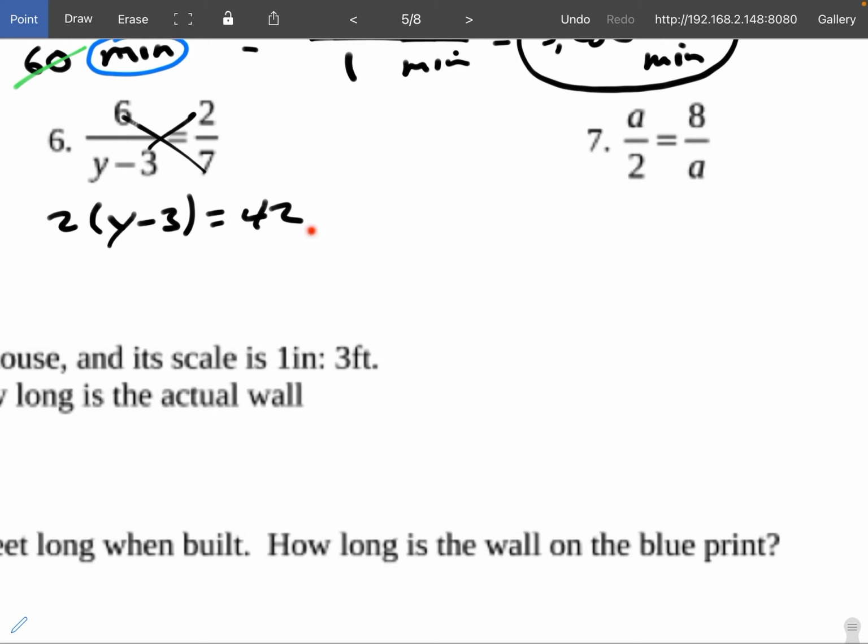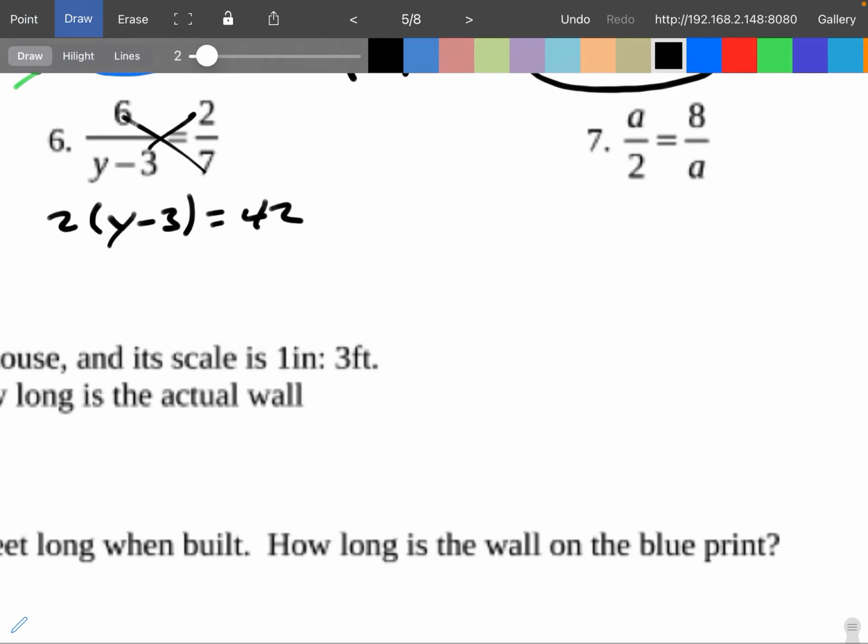Yep, that's 42. Now in this one, you could divide both sides by 2 to cancel that 2, because 42 is divisible by 2, right? But if that was not an even number, you would not want to do that, because then you would introduce fractions. So I'm going to go ahead and distribute.